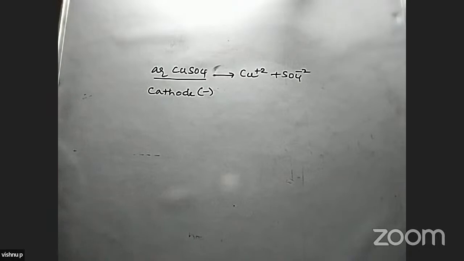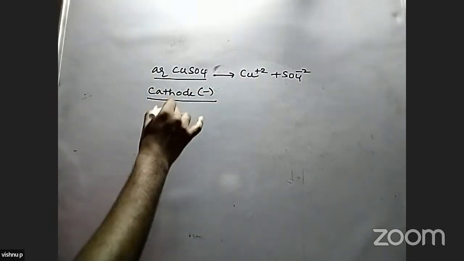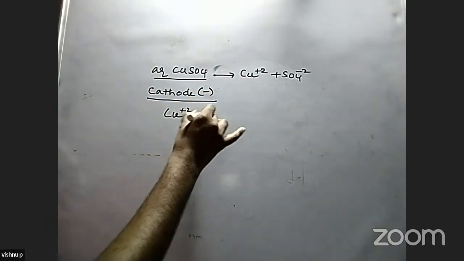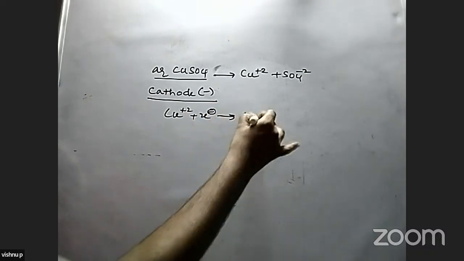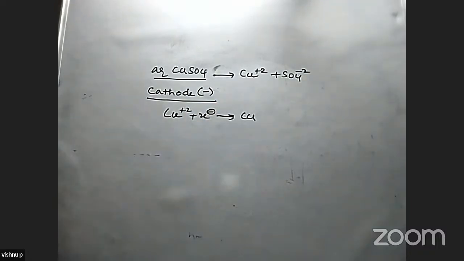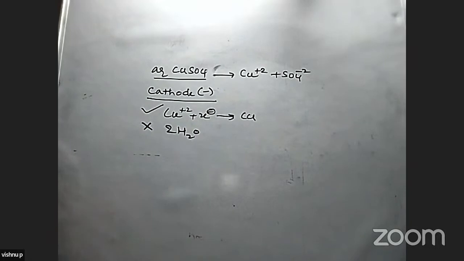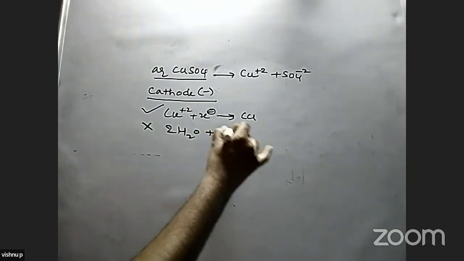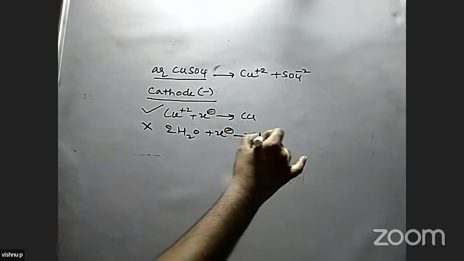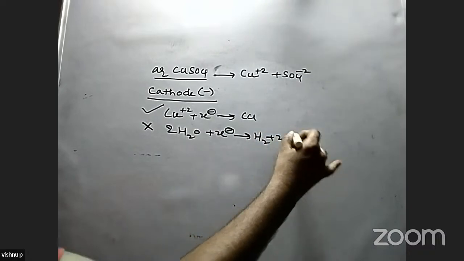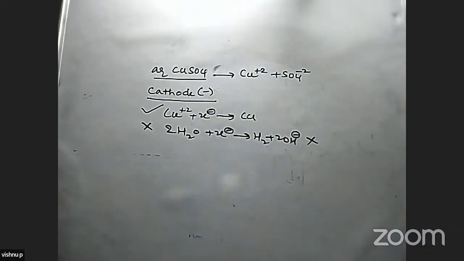So what is the reaction at the cathode? At the cathode, copper ions accept electrons and are deposited as Cu. This reaction is possible. And which reaction is not possible here? Water accepting electrons and evolving as H2 plus 2OH-. This reaction is not possible.